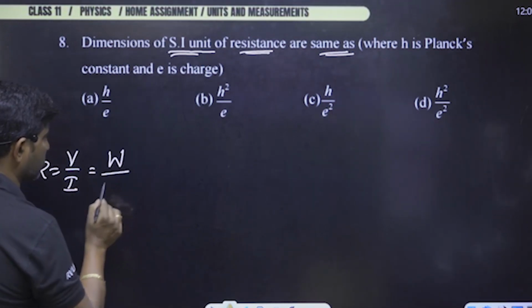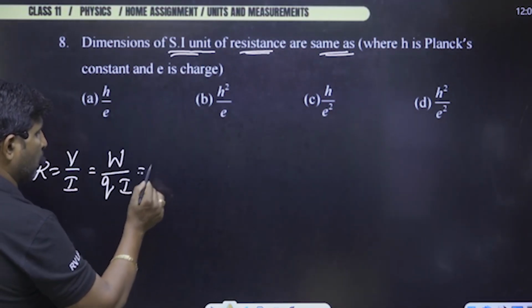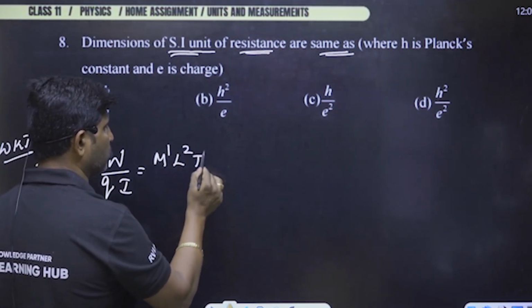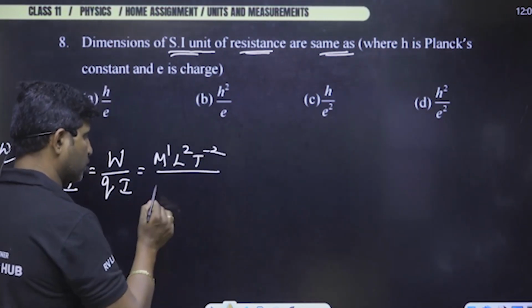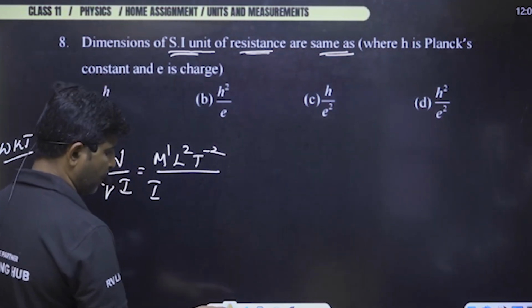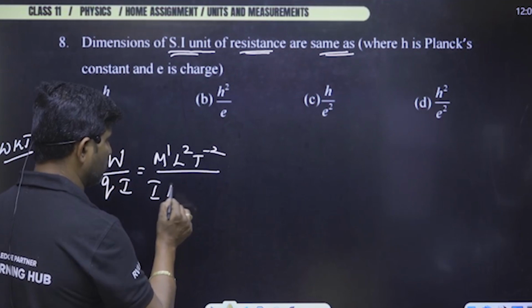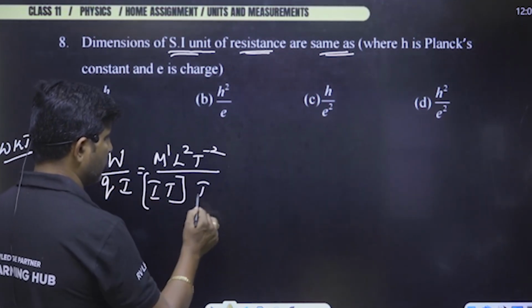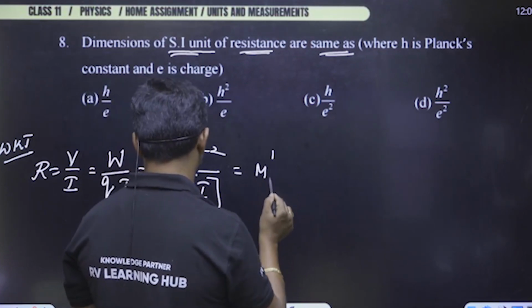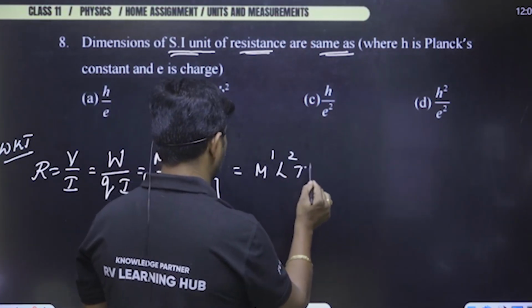V can be taken as work done by charge. Work will have the dimensions of M power 1, L power 2, T power minus 2. Charge will have the dimensions of I, ampere, into time. Here also it is I. So if you do simplification here, you will get M power 1, L power 2, T power minus 3.